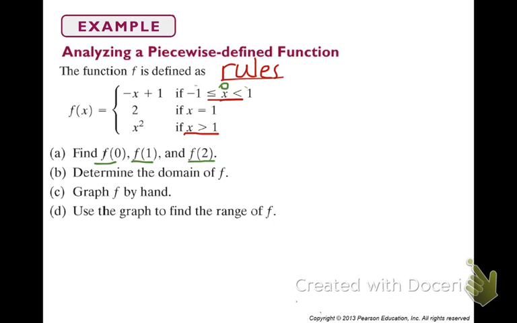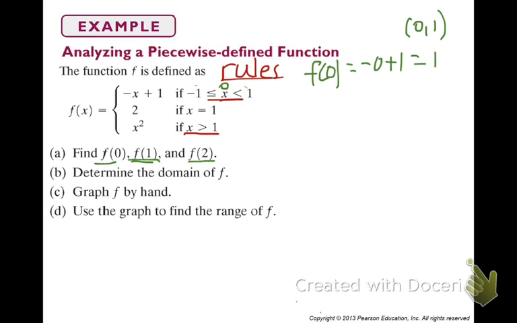So the rule we're going to use is f of x equals negative x plus 1. So f of 0 equals the negative, instead of the x, put in the 0, plus 1. And what would that give you? It's going to be 1. We can think of that as an ordered pair, 0, 1. Okay, so that's your f of 0.